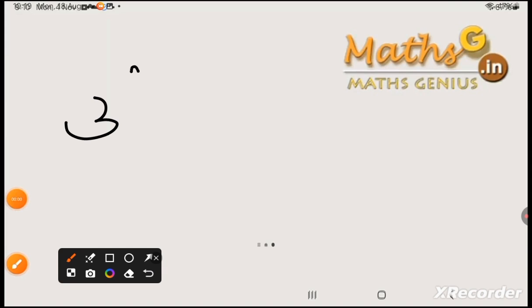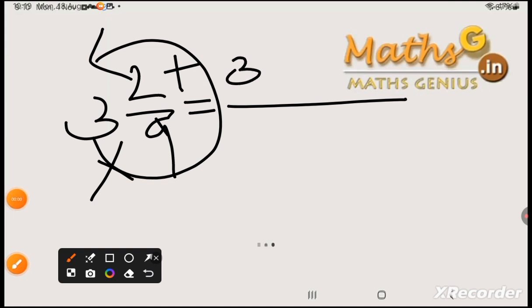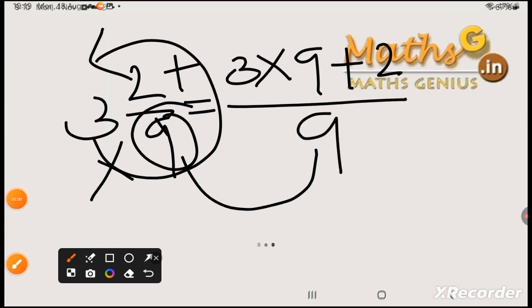Similarly, if there is a mixed fraction, it can be converted to an improper fraction this way. Here there is a multiplication and here there is an addition. So, you can just write 3 into 9 plus 2, divided by the denominator, which stays as it is, 9.